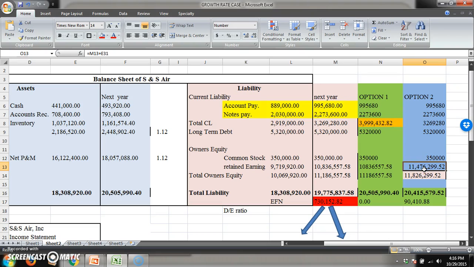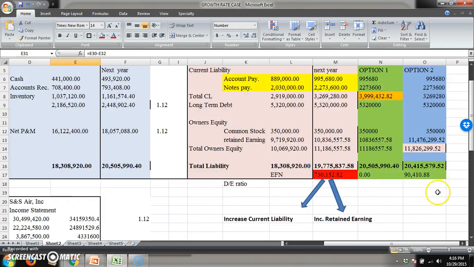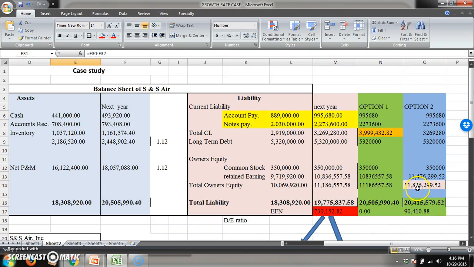I have increased my retained earnings from approximately $10.8 million to $11.5 million by adding the available dividends.